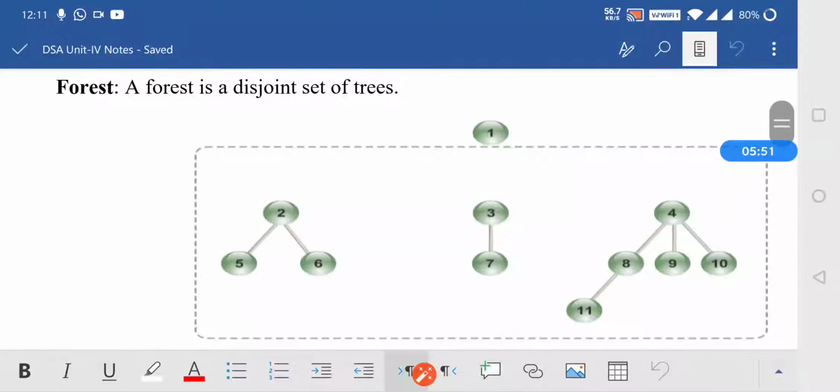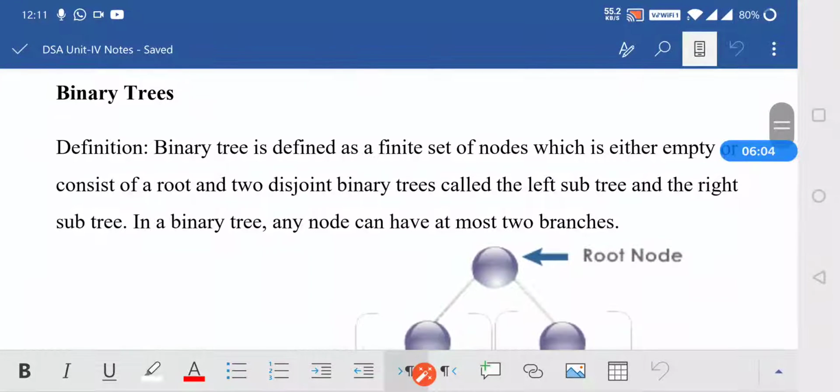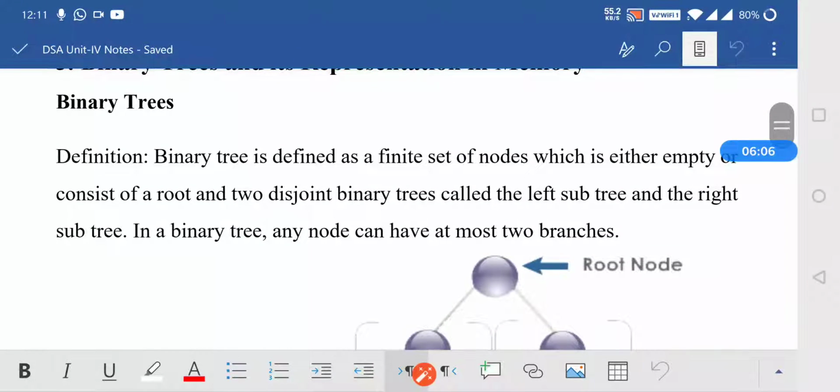Forest is nothing but just a disjoint set of trees. It's not necessary that the trees should be connected to each other. That is the combination of subtrees where the disjoint set of trees are present. So next concept is binary tree. This was all about the normal tree.